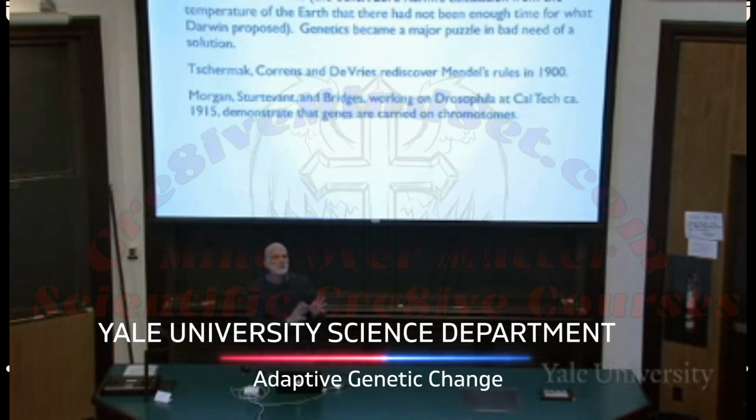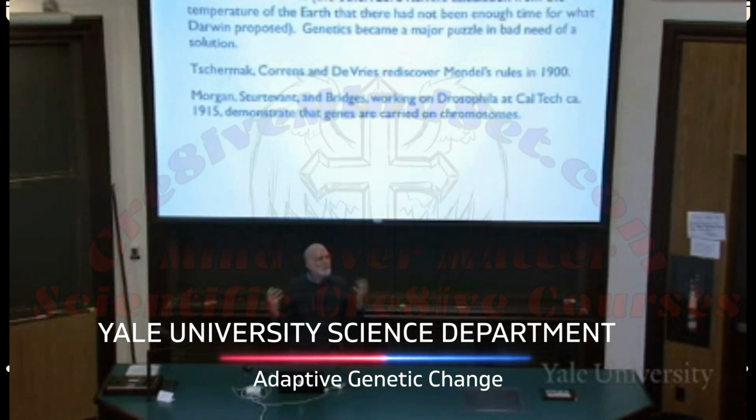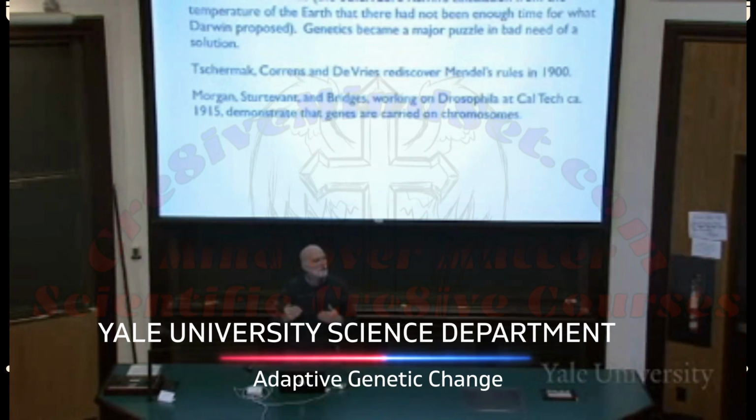Enough was then known about cytology that we knew chromosomes had an elaborate kind of behavior at mitosis and meiosis. And people then, about 1915, showed that the behavior of chromosomes was consistent with Mendel's laws. They didn't know at that point what chromosomes were made out of. They had no notion of the genetic code, but they could establish experimentally that genes were on chromosomes, and that was done by 1915.